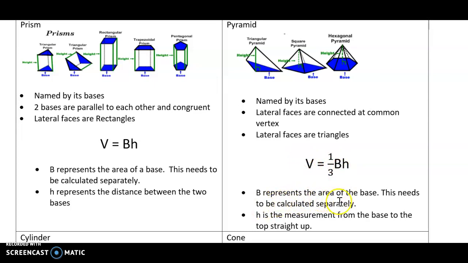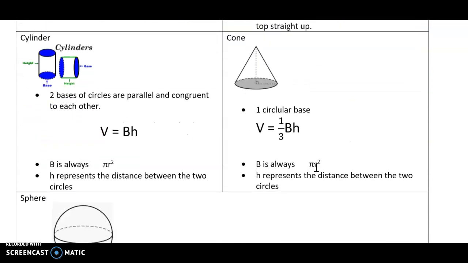This needs to be calculated separately. H is the measurement from the base to the top straight up. It is always perpendicular. So it's this right here. It is not the slant height. Okay, that's what will mess you up on pyramids. So going to a rectangle, V equals big BH. Going to a point of a pyramid, 1/3 big BH.